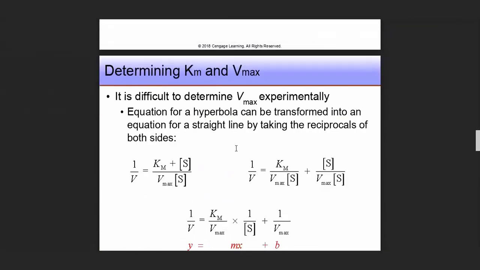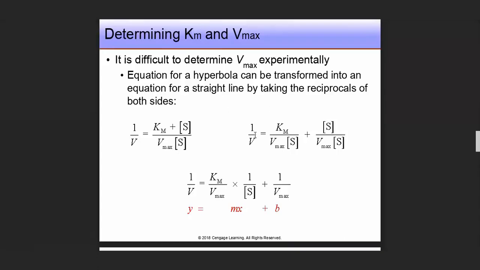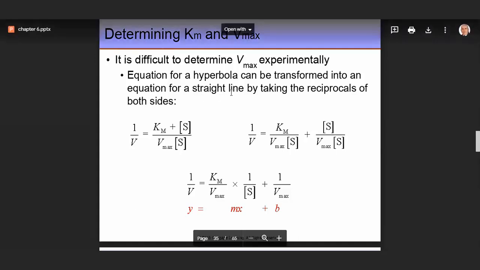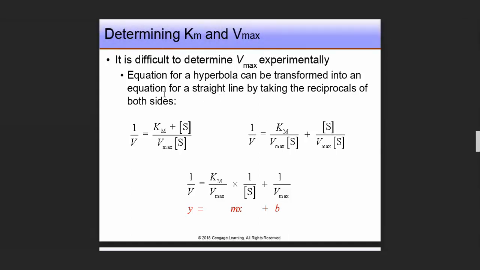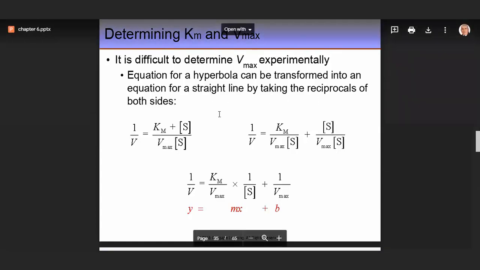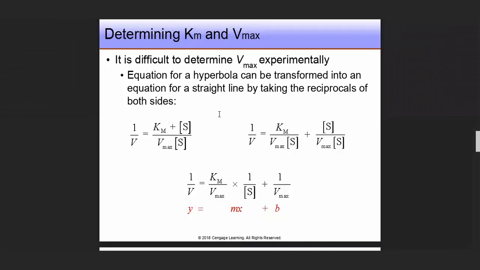Now, determining Km and Vmax. From the plot which I showed you, it is difficult to determine Vmax experimentally. The equation for a hyperbola can be transformed into an equation for a straight line by taking the reciprocals of both sides. It's better to deal with straight lines than to deal with hyperbolas.